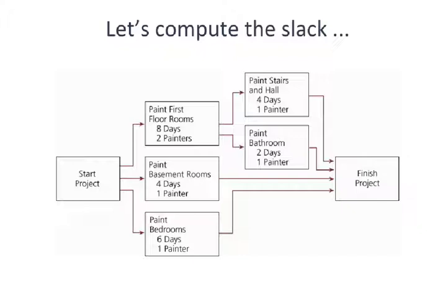Remember, the project begins on day 0 and it needs to end on day 12. So if we quickly run through the calculations for the network diagram, we have these activities starting on day 0. This one will end on day 8. This one will end on day 4. This one will end on day 6.